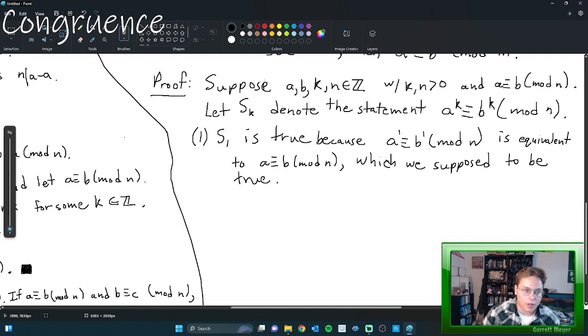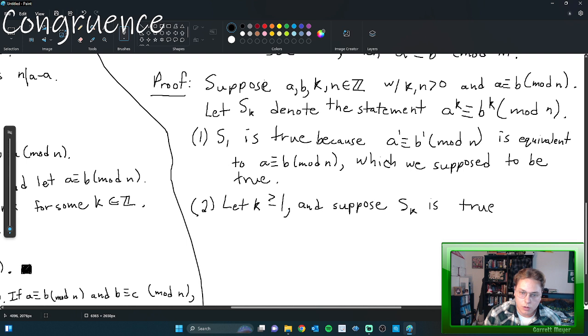And then in the next step, we're going to go through and figure out if we can. This is the inductive step. Let K be greater than or equal to 1, and we have to say greater than or equal to 1 because we have to start at this rung of 1, and suppose SK is true.